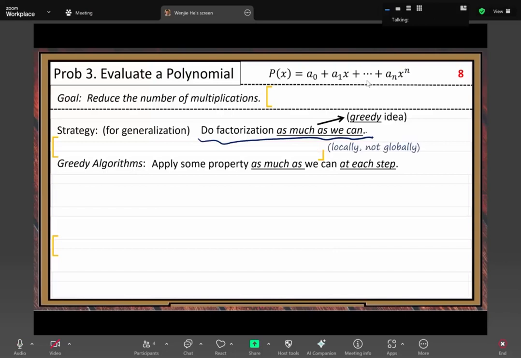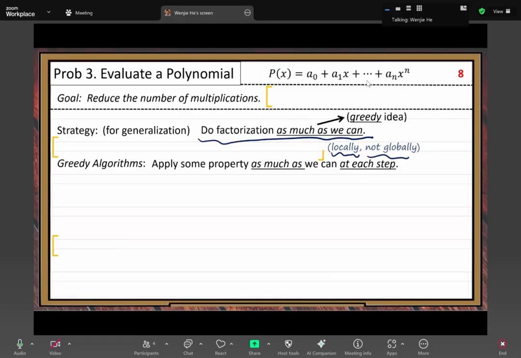But when you apply the greedy strategy, you need to understand it in two different views. One is the local view, another is the global view. Each step, when we apply our greedy strategy, is local. It's a portion of the whole solution, only one step.